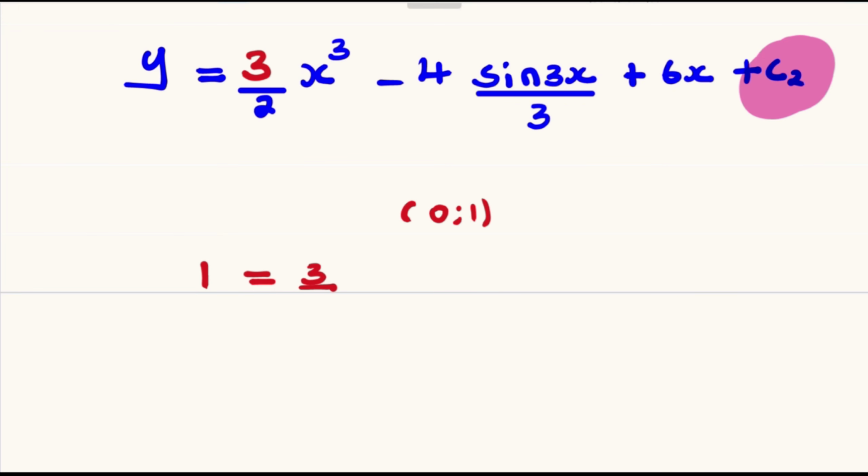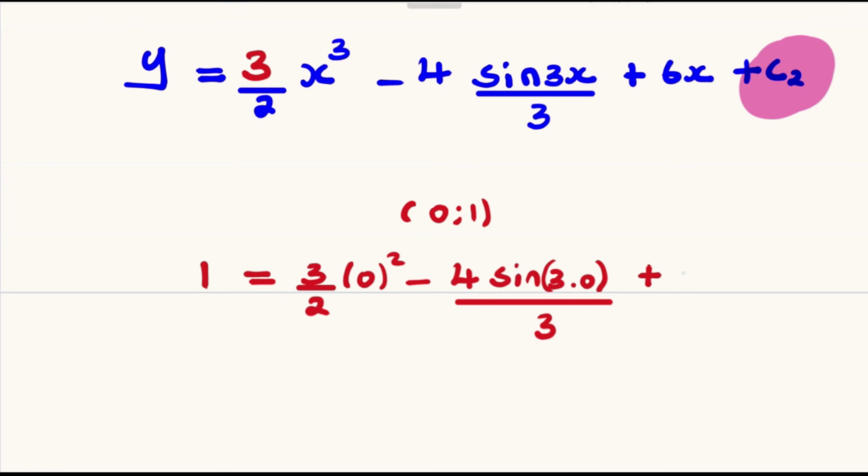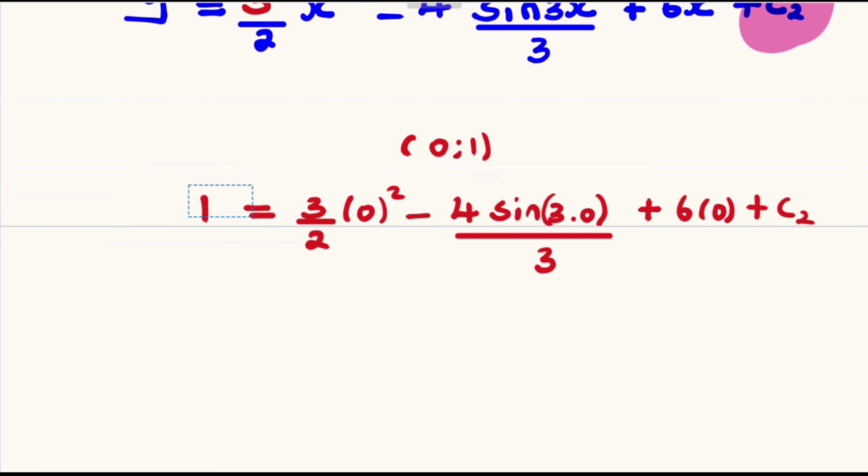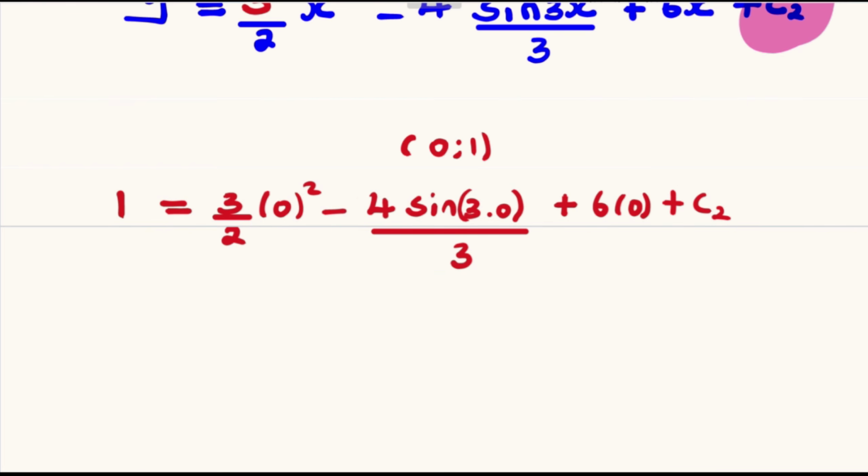So we have 3 divided by 2 multiplied by 0 to the power 3, minus 4 multiplied by the sine of 3 multiplied by 0, divided by 3, plus 6 multiplied by 0, plus the c2. Alright, so most of the terms here will cancel out because they will be multiplied by 0.